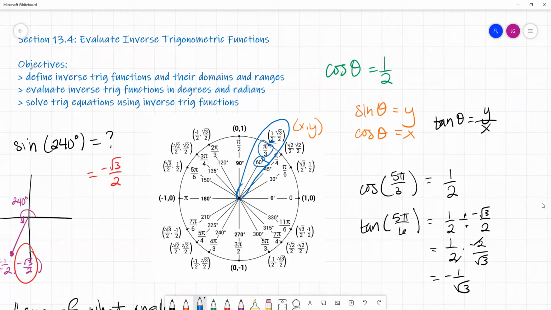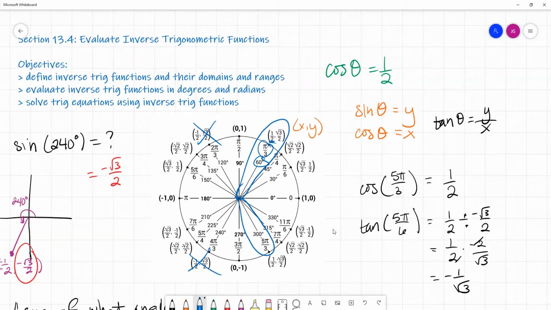Let's move to quadrant 2. Here's another one, but notice this is -1/2, so I don't want to use that one. I'm looking for +1/2. Don't see it anymore. Here's another -1/2. I don't want to use that one. Oh, here's the other one. The other one is at 300 or 5 pi over 3.